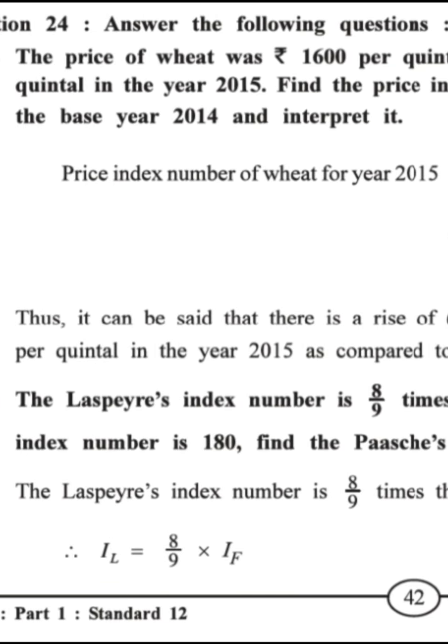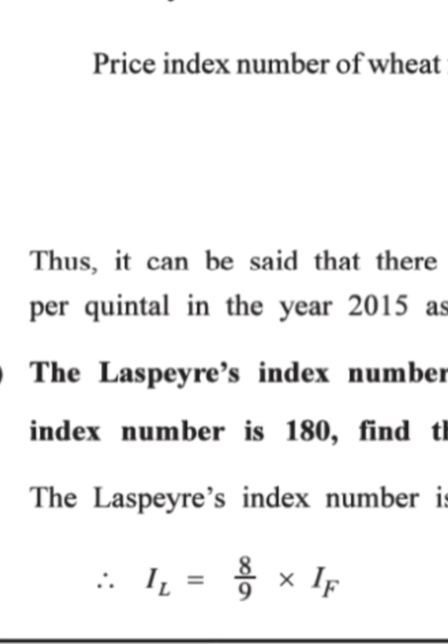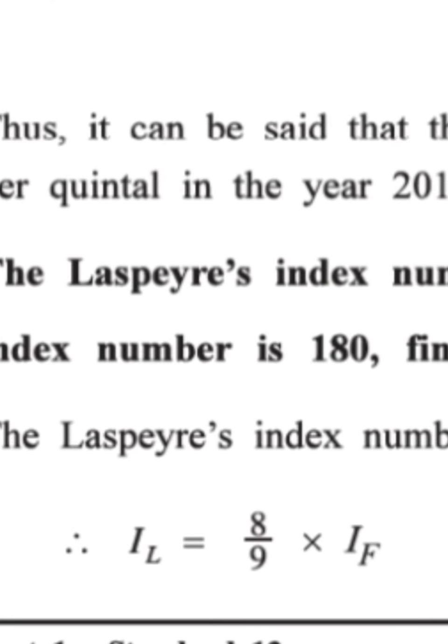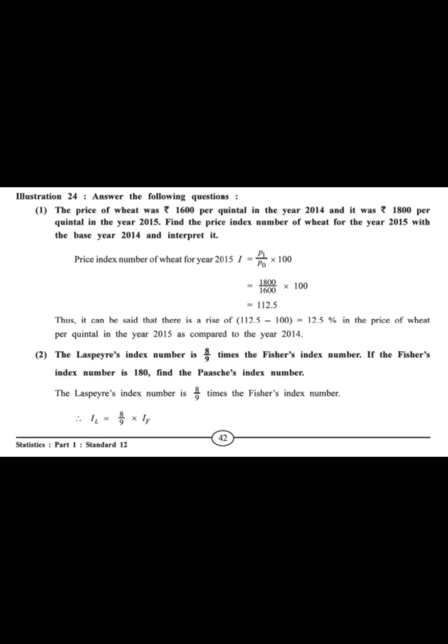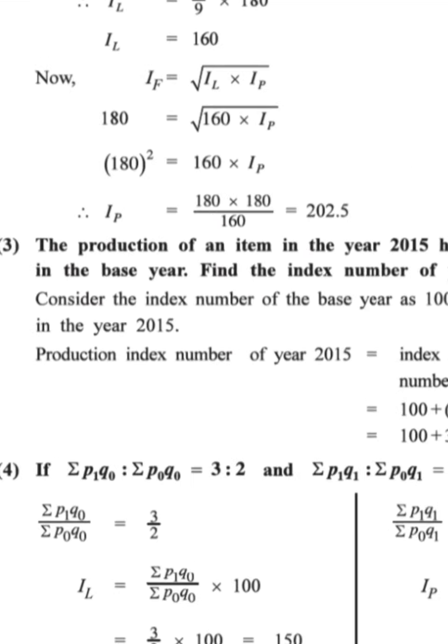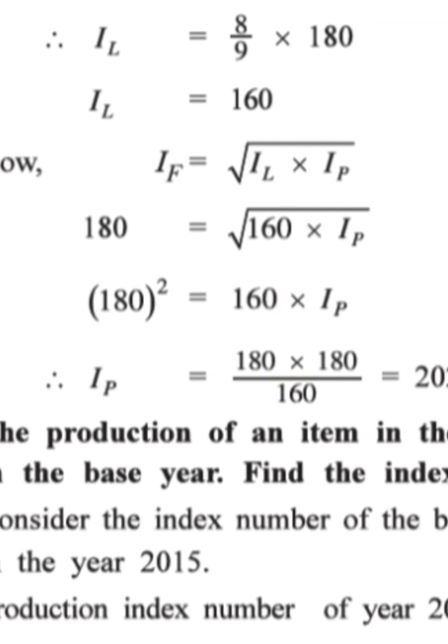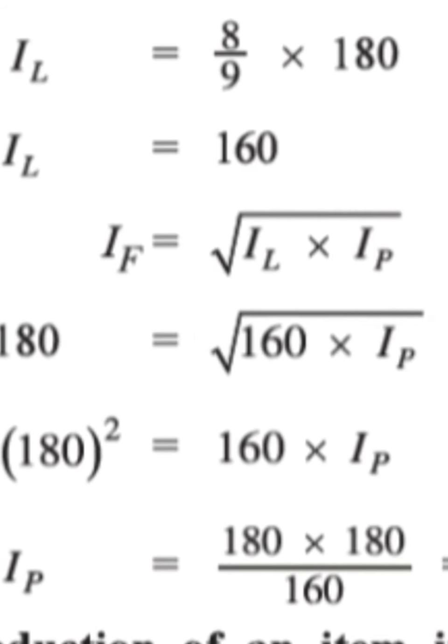So over here IL is equal to 8 upon 9 times IF, and the Fisher's index number they have already given us in the sum. So IL is equal to 8 upon 9 into 180. If we solve it out, you will get our Laspeyres index number as 160.